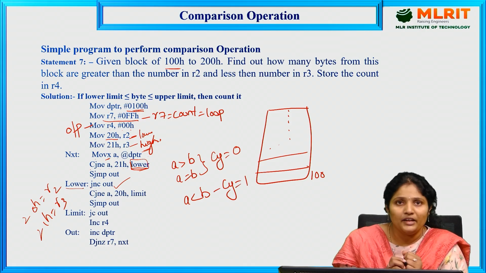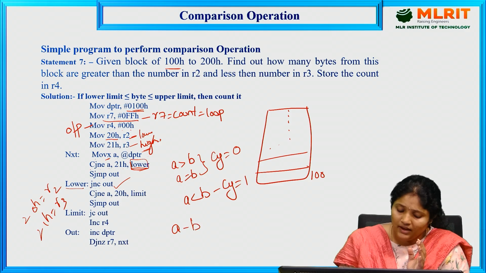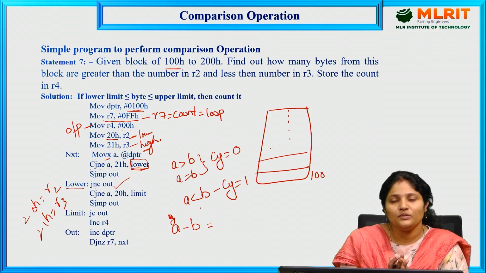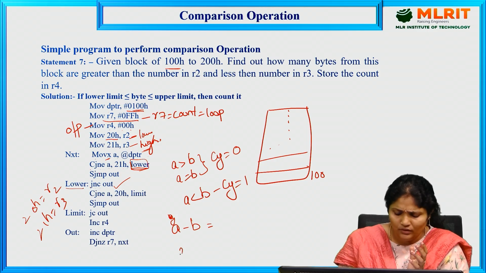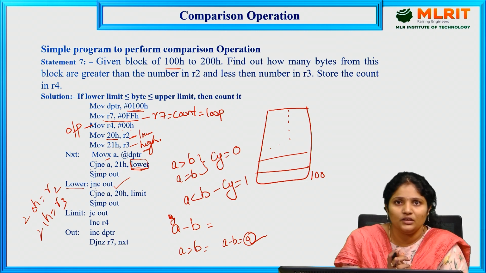Because the comparison operation in 8051 is done like this: A minus B. If A has the greater number, A minus B always gives a normal value, so no borrow will be there and the carry flag will be 0. If both are equal, we get A minus B as 0, so the carry flag will always be 0. There is no borrow.